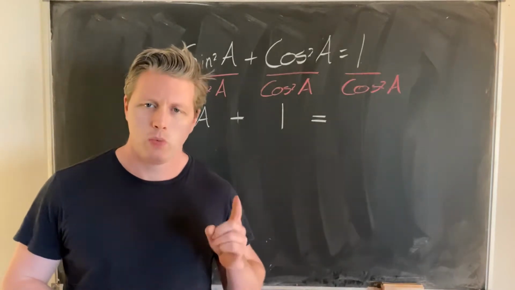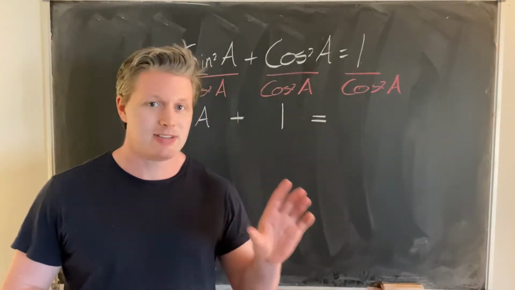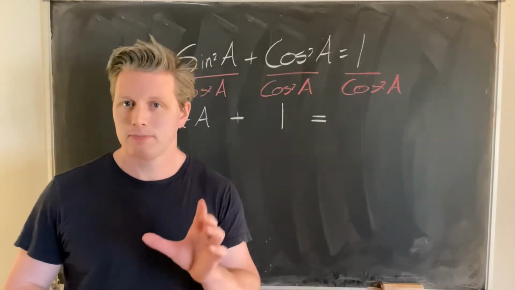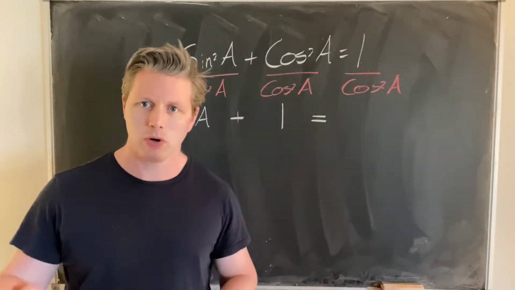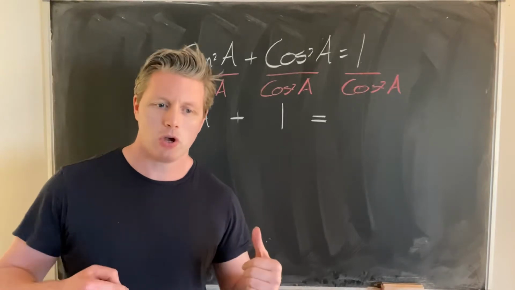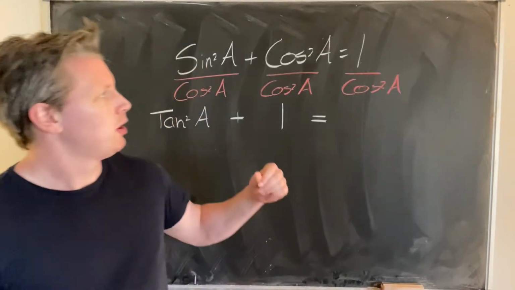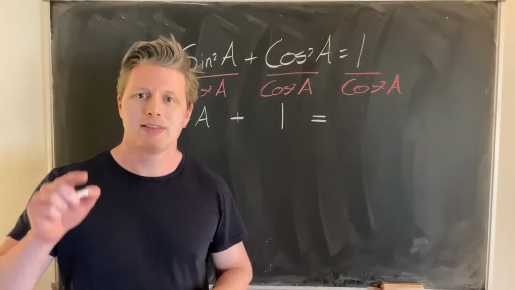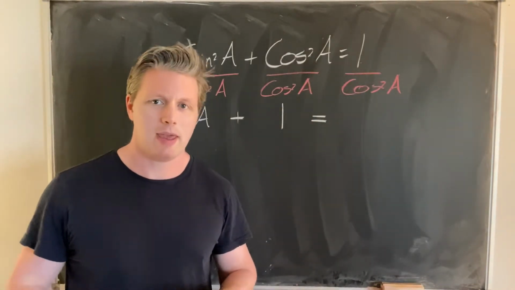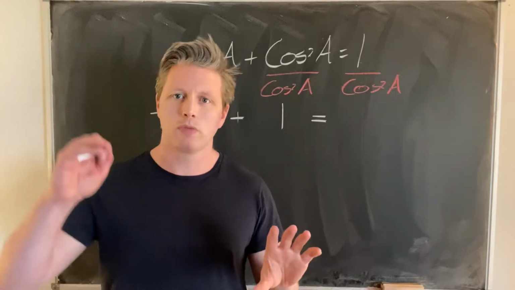Okay. Remember that sec of a is by definition 1 over cosine a. So therefore, 1 over cosine squared is sec squared. I'll say that again. Sec of a is 1 over cosine.